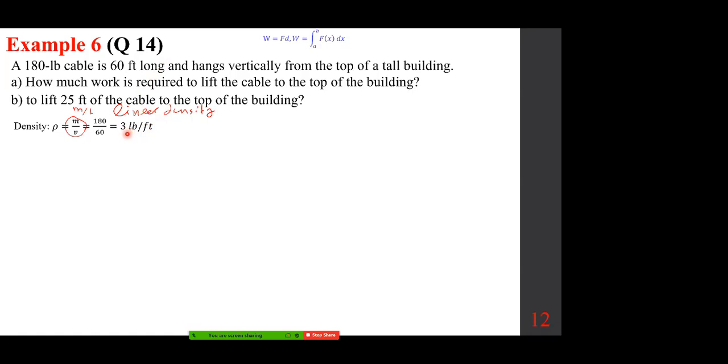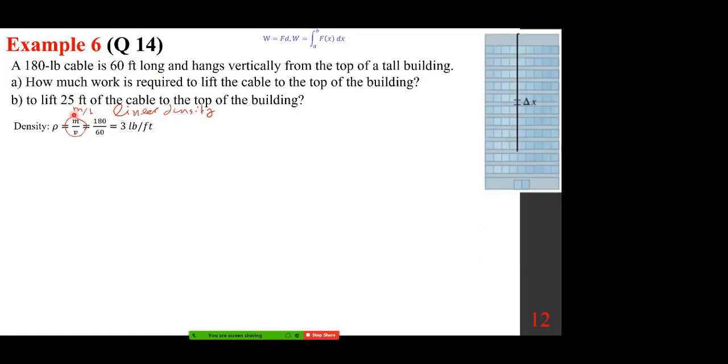You are assuming it's a linear one. You're assuming the cable is the same all over. So if it's 60 feet and it's 180 pounds, every foot is 3 pounds. So that's important to know. This is the density, but I put the original formula for the density. I wanted to explain here that it is the linear density.